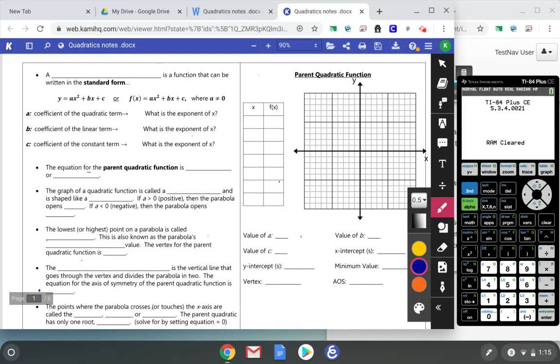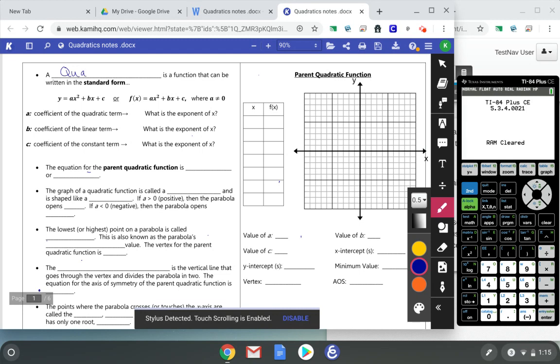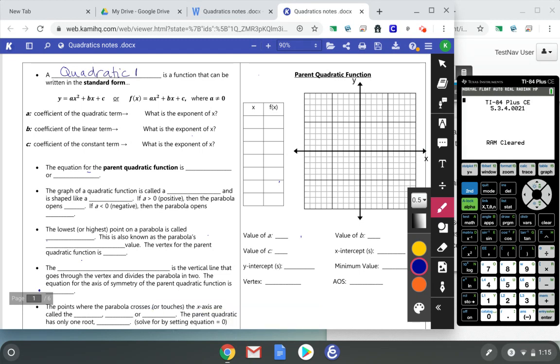Quadratic functions. So first thing, a quadratic function is a function that can be written in standard form. Remember, standard form is where you have y equals, and then you have that x squared term, x term, and then a constant on its own.